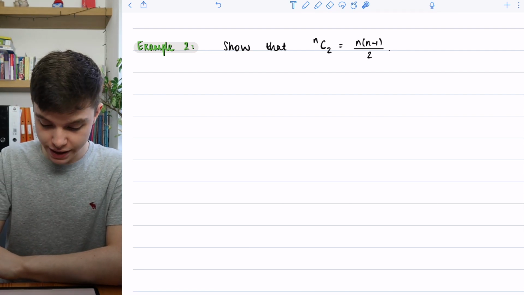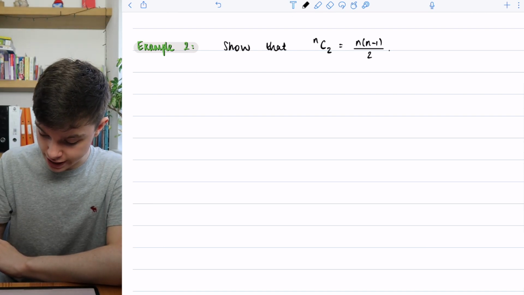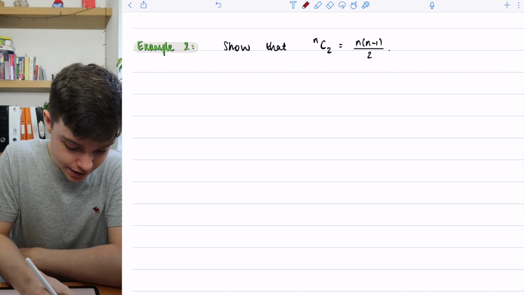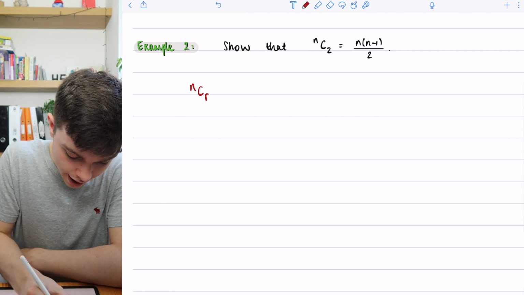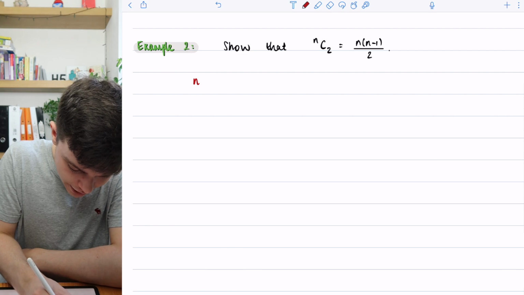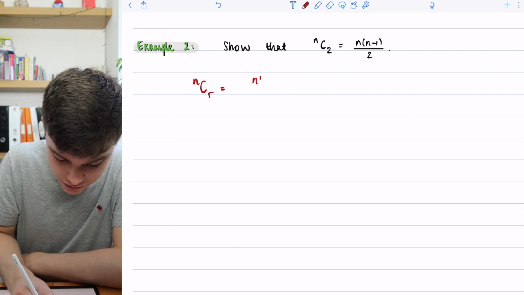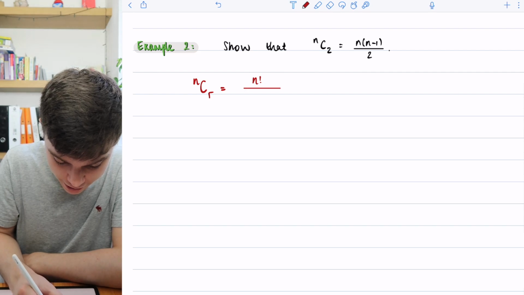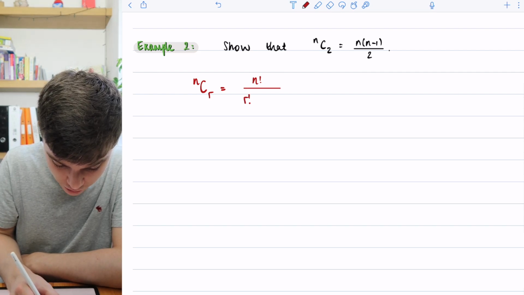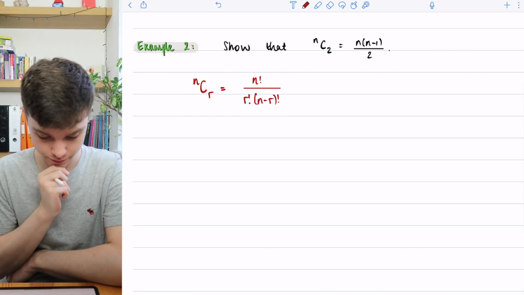Okay, let's work through the answer. So what I'm going to do is write down the definition, and I'm going to do that in red. I know that n choose r, I'll write that a little bit better up here, is equal to n factorial divided by r factorial times n minus r factorial. Okay.